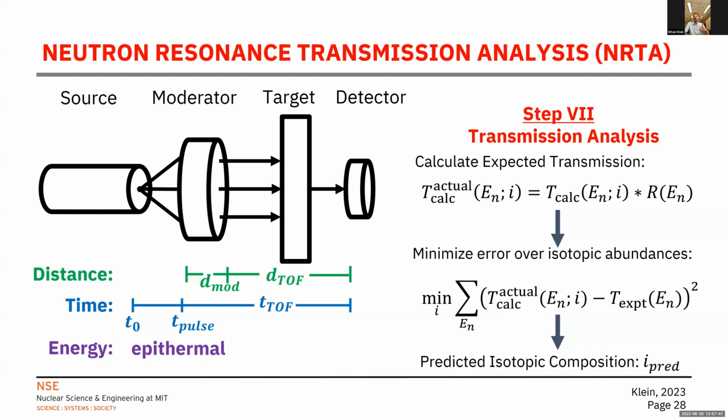And so, based on this least squares minimization, if you have some inference as to which isotopes may be present, that will allow you to get a predicted composition. And that's exactly what we used for those slides that I showed later, where we got the masses and enrichment and showed that fit of the red curve to the black experimental data. Essentially, we said, we think there may be uranium and plutonium here. Let's have this fitting routine try to minimize the error between the calculated transmission and what we saw experimentally.